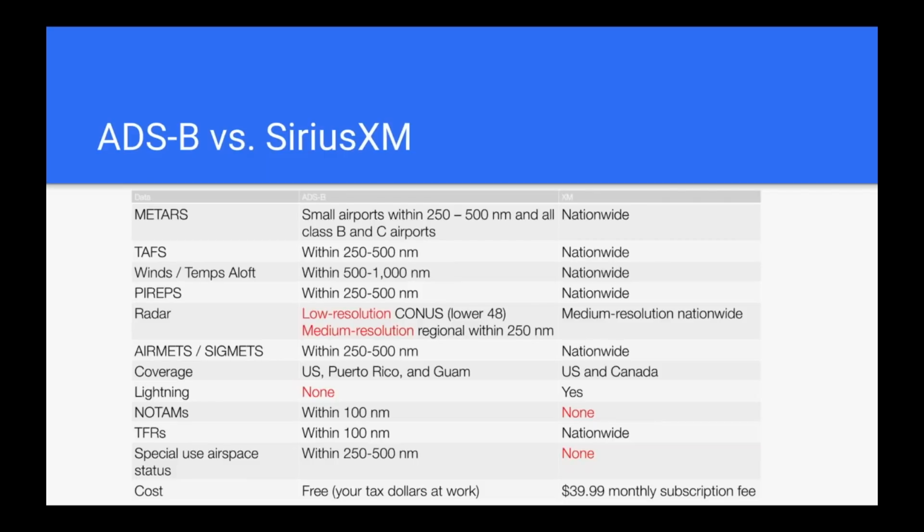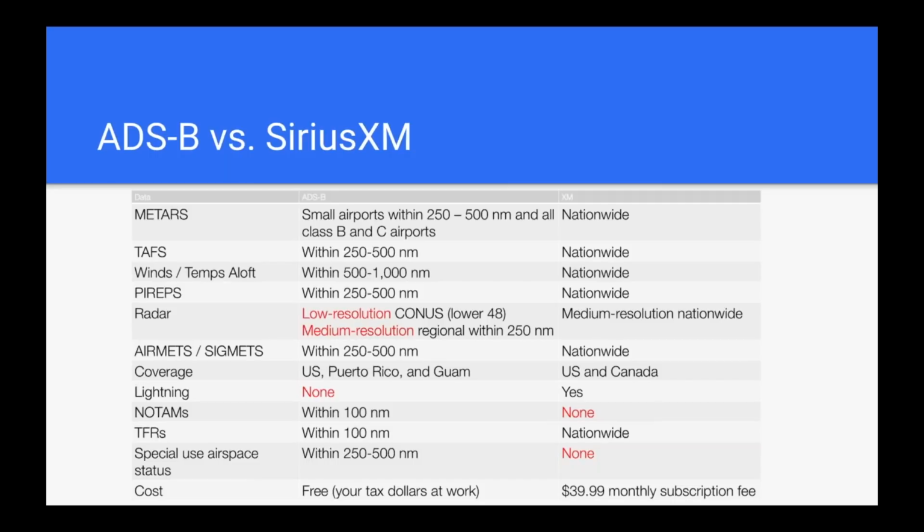Here's maybe a good summary of ADS-B versus SiriusXM and what you get on both. Again, all the key weather products you get on both. The only ones to point out, I think, are that lightning is not available on ADS-B, and you do get it with XM. And satellite imagery is not available on ADS-B. It's worth pointing out that may change.